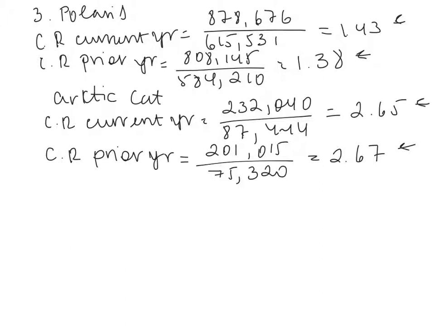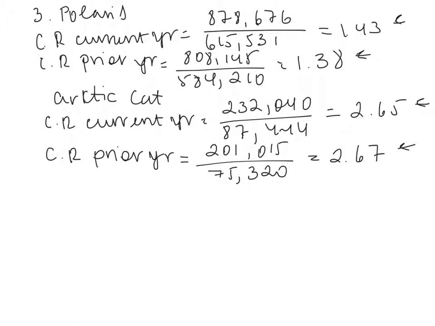Now, the important thing to notice here is that neither company is in danger of defaulting on their current obligations, because both current ratios for both companies and both years are above 1, which tells us that for both companies in both years, current assets are greater than current liabilities, which is an important thing to know when analyzing the company's ability to meet its current obligations.